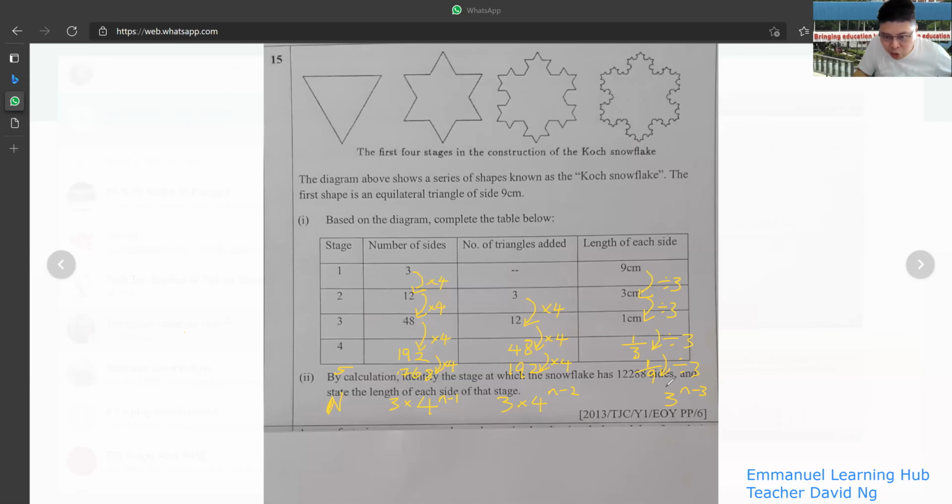Okay, so let's troubleshoot. See if 3 to the power n minus 3 holds water or not. Let's troubleshoot first. If n is 1, 1 minus 3 is minus 2. 3 to the power minus 2 is 1 over 9. You got 1 over 9, but I want a 9. I don't want a 1 over 9.